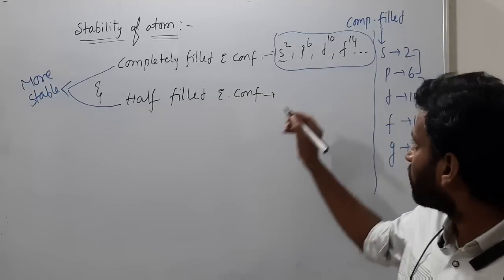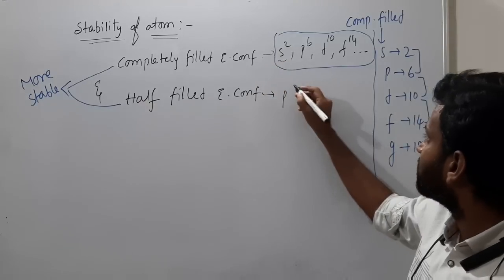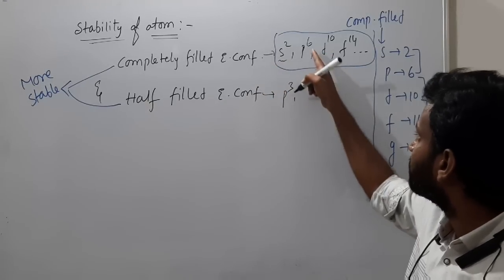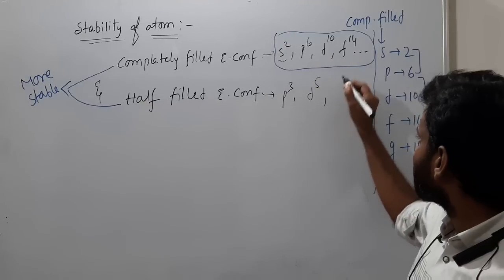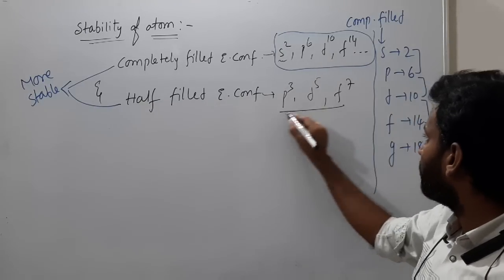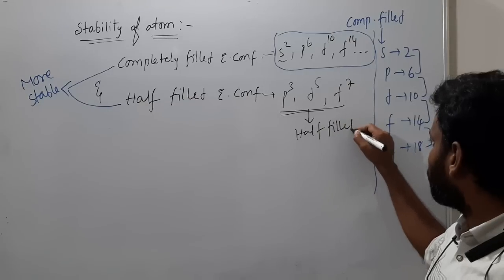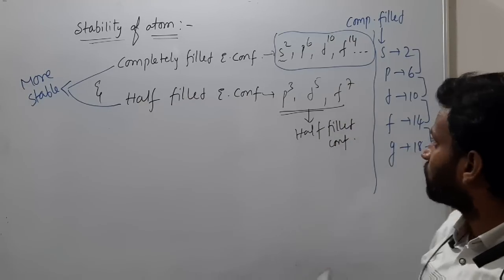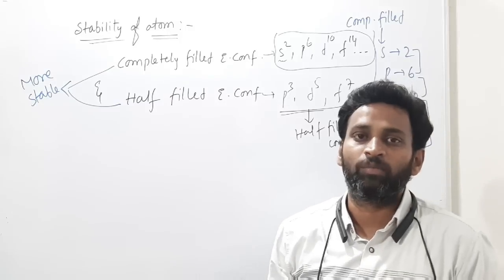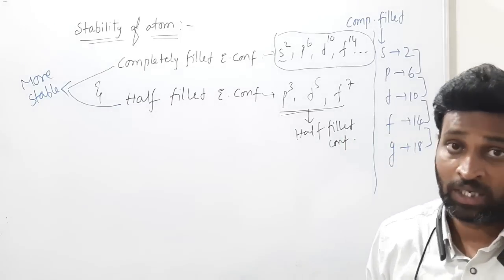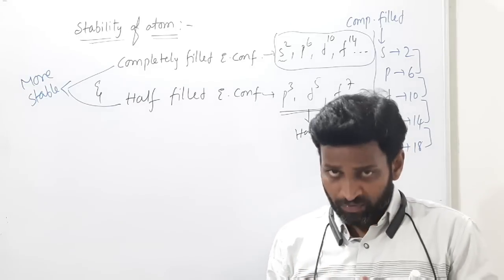Now what is half filled electronic configuration? Except for s, it is half of the maximum: half of 6 is p3, half of 10 is d5, and f7. These are half filled configurations. So half filled and completely filled configurations are more stable. How do we know whether an atom has a completely filled or half filled configuration?